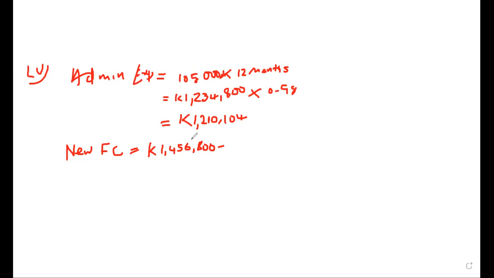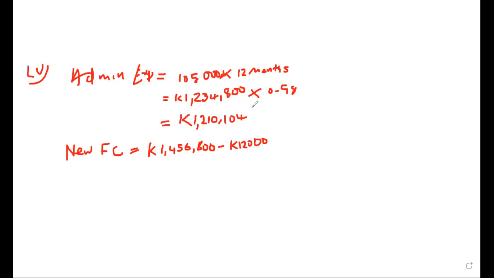We had selling costs which were to be removed, and the figure to be removed was calculated as 120. The total, 10 times the 12 months, we got 120. So the 120, we are supposed to remove it. 120,000.